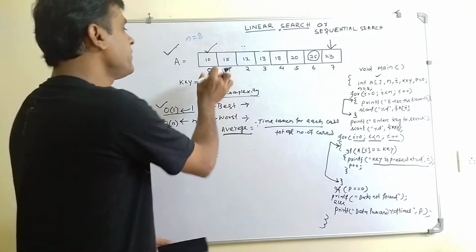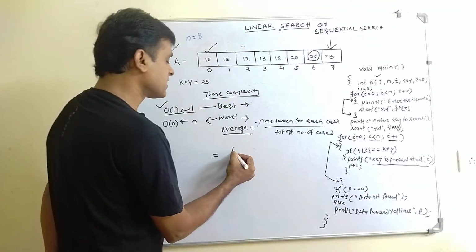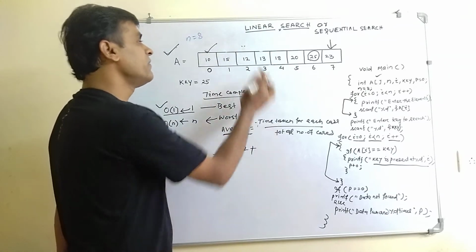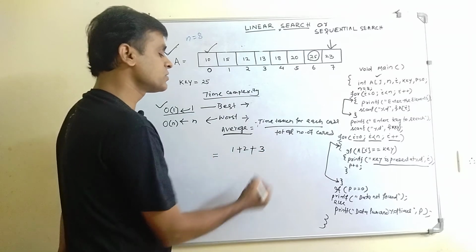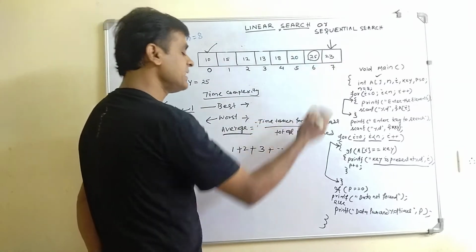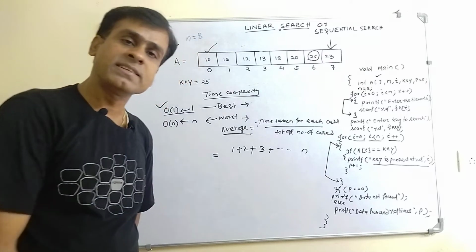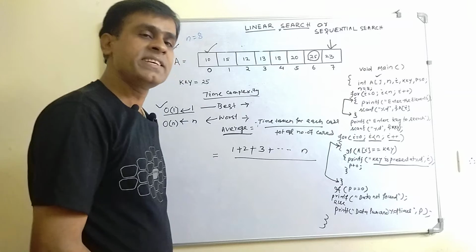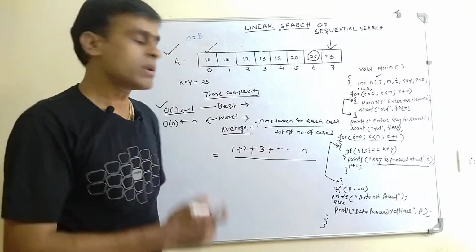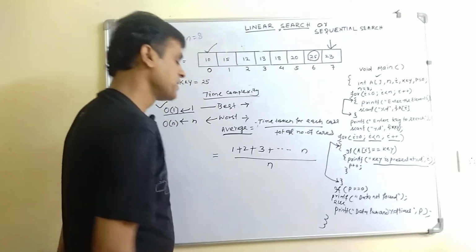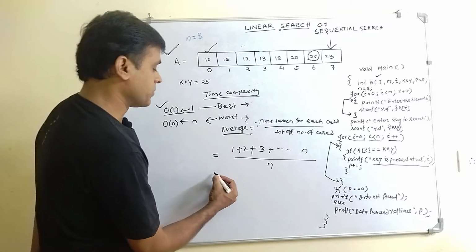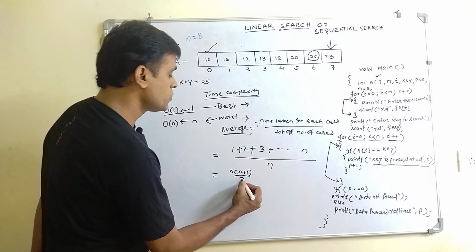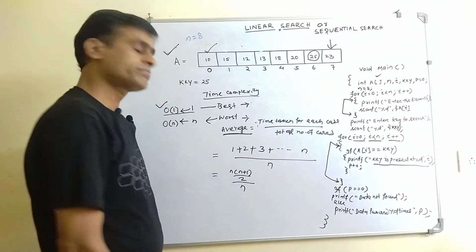Now you tell me, if it is in the first index, it will take constant time 1. If it is in the second index, it will take 2 comparisons. If it is in the third index, it will take 3 comparisons. Up to the nth index, it will take n comparisons. This is divided by the total number of cases, here n cases, if you have n number of data. The formula is n into n plus 1 divided by 2, and this is divided by n.